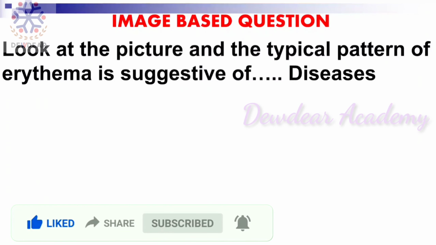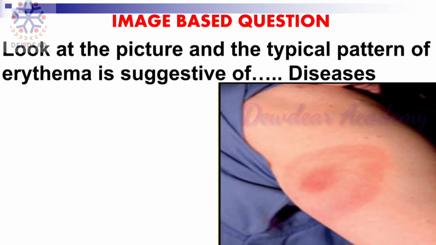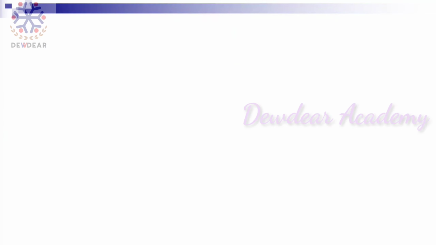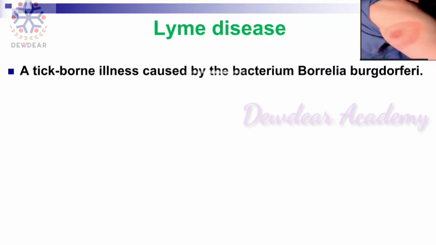Next question, look at the picture and the typical pattern of erythema is suggestive of dash disease. Here in this picture, the erythema is given and this is suggestive of which disease? The answer is Lyme disease. Lyme disease, that means a tick-borne illness caused by the bacterium Borrelia burgdorferi.